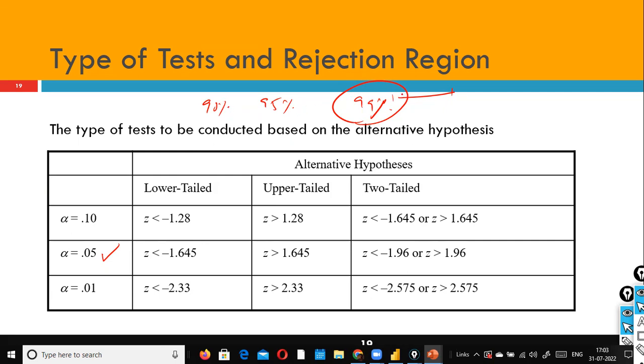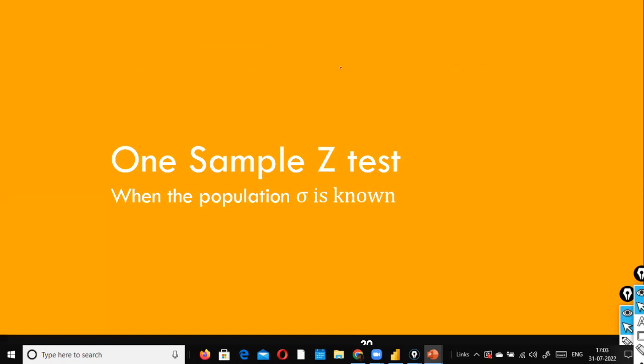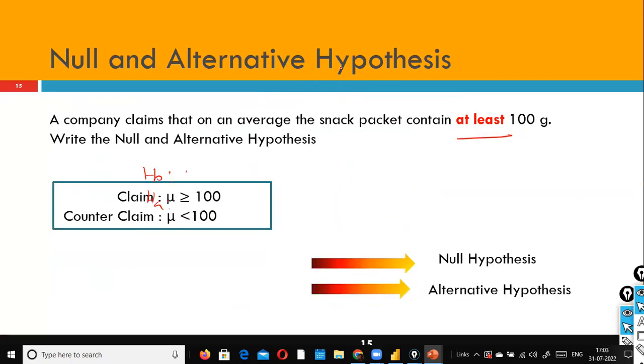It should be optimal, right? So 95% is always good, because you are taking the sample data, you're not taking the population data.